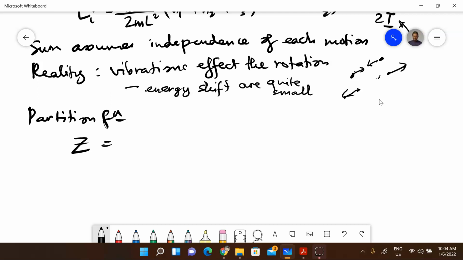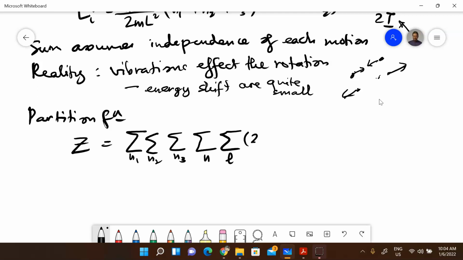Z is the sum over all these quantum numbers, the translational, then the vibrational, then the rotational. And remember, if you have energy degeneracies, in the case of the rotational you have the rotational degeneracy here, multiplied by the exponential of minus E_i, which is now the total energy, divided by kBT.